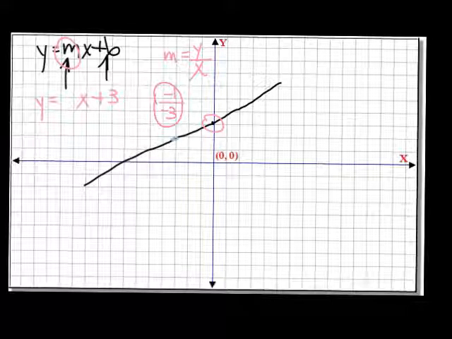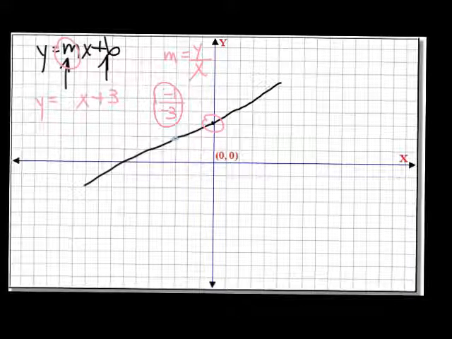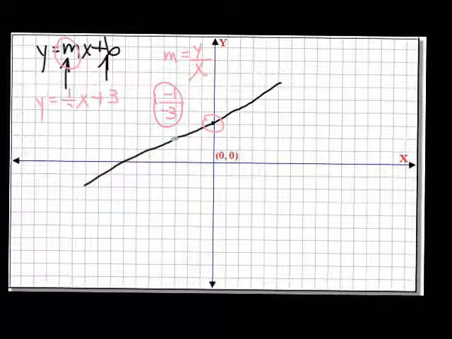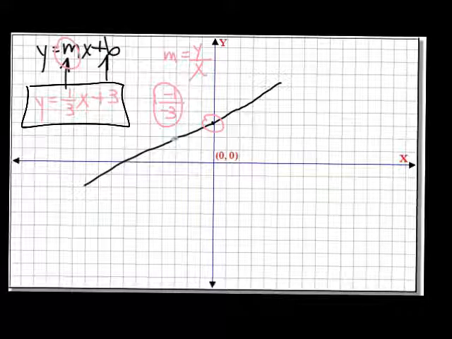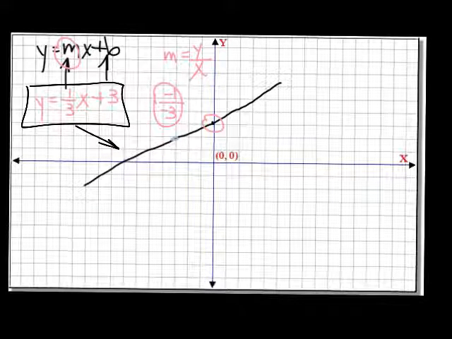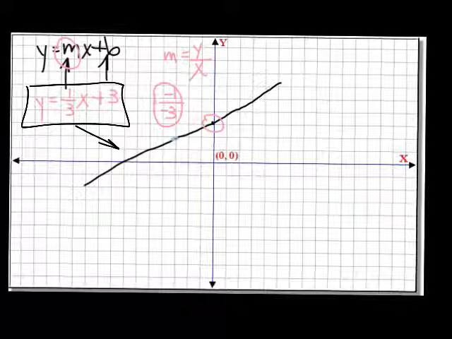A negative over a negative is a positive, so my slope is positive 1/3. So that ends up being the equation that they asked me to come up with for that line right there. So not too terribly difficult, and this concludes problem set 12 in Algebra 2.